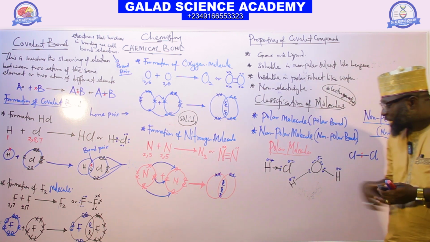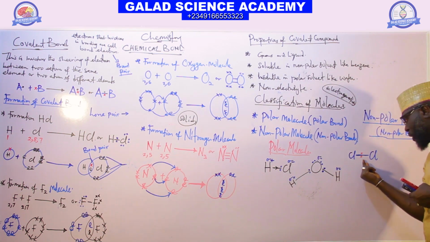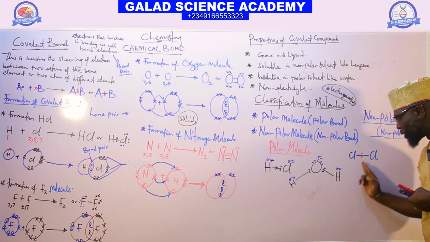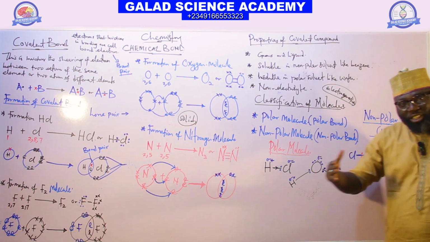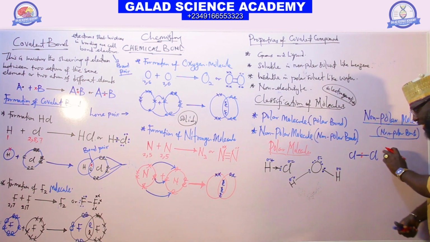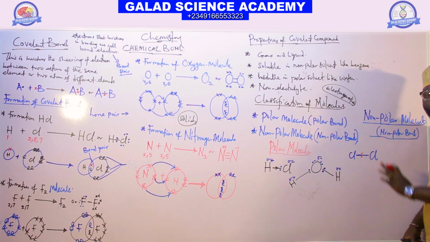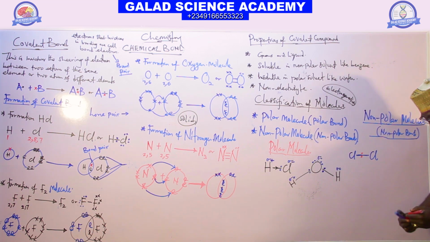But the bond electron here is shifted to one side. Here, the bond electron will stay at the middle, because they have the same electronegativity. So this kind of bond is called a non-polar molecule.